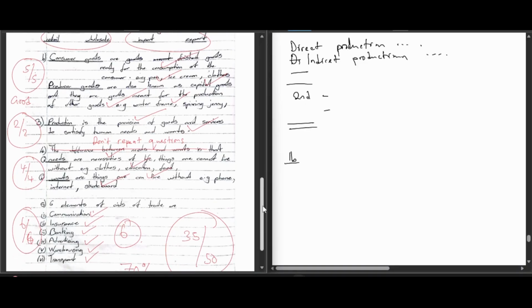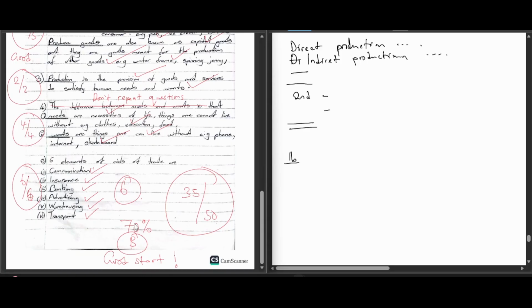Then lastly, list all the 6 elements of the aids to trade. You did all of them: transport, warehousing, advertising, banking, insurance, communication, as it is. So that's why you got all the marks. So you did fairly well for your first test. The problem is just that you did not answer number 1 well. That's where you lost the bulk of your marks.